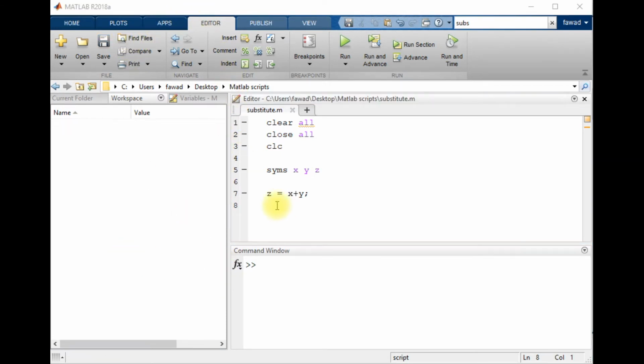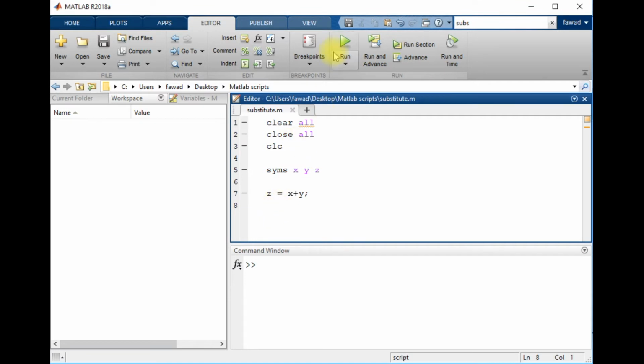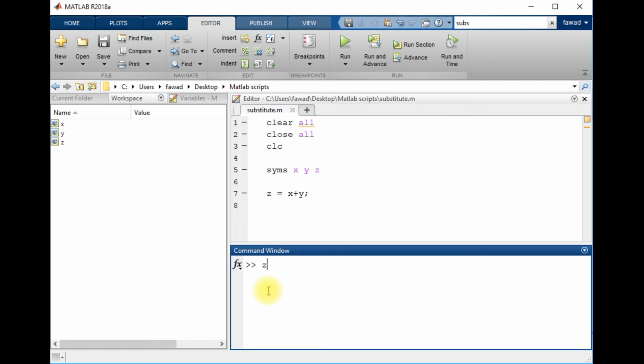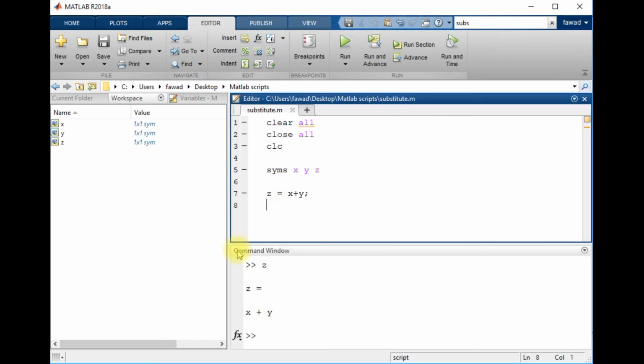Now you can see that this is a very simple expression. If I execute this, I will get that z is equal to x plus y. If I know that the values of x and y are, for example, 2 and 3, then what I can do is write substitute within the expression z, the value of x is 5.